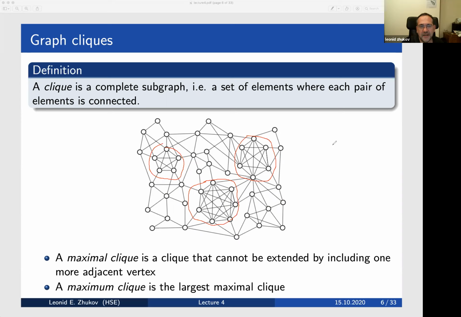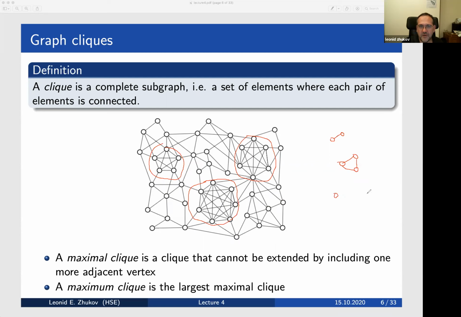Now, if you think about this for a sec, a clique, of course, depends on the size, right? So if you have 2 nodes, that's a clique because it's a maximally connected subgraph. Now, if you have 3 nodes, that is not a clique, this is a clique, because that's as much as you can connect it.